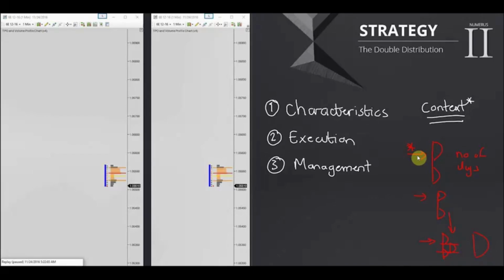Now, the first thing to understand is that we need to just talk a little bit about the context of what was happening in the euro-dollar FX before we started with this distribution. So if we look just towards the left side, what we had was on day 1 we had effectively a big double distribution where the market had formed 2 separate little areas of acceptance.